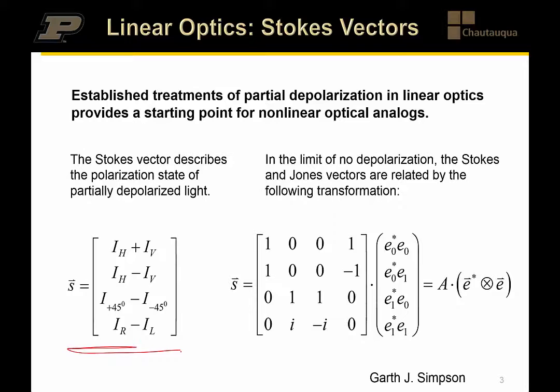In the limit of pure polarization, you can connect the Jones vectors over here on the right to the Stokes vector through this transformation matrix, bearing in mind you end up taking the Kronecker product of those two, which is given by this product right here, to build a 4 by 1 product of electric fields that then translate over to the 4 by 1 combinations of intensities describing the Stokes vector.